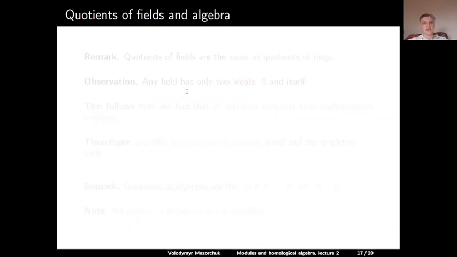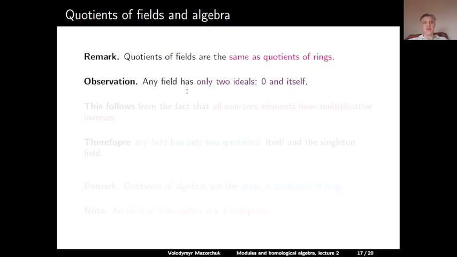Now let us briefly discuss quotients of fields and algebras. Quotients of fields are very easy, so they are defined exactly in the same way as quotients of rings. However, any field has only two ideals, the zero ideal and the field itself. And this follows from the fact that all non-zero elements in any field have multiplicative inverses.